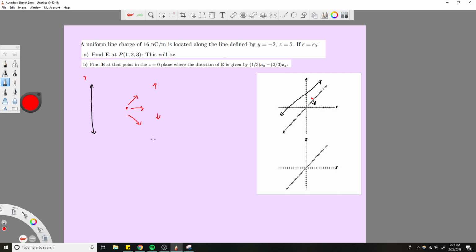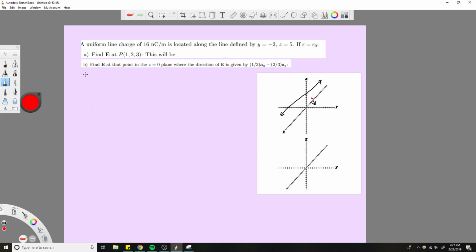What I'm getting at is that you're not going to have any x component. It's important to know. It's good to think about that before you do the actual math, because then if you do something wrong, you know you've screwed up.